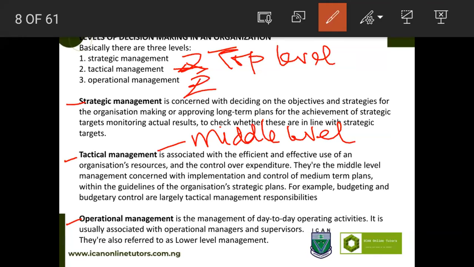So the operation management are called, this one is top level, this one is middle level, this one are the what? Lower level management. And they are the ones involved in the management of that organization. They are involved in the production process. They are involved in the operation process.